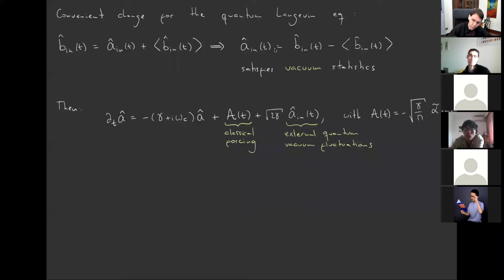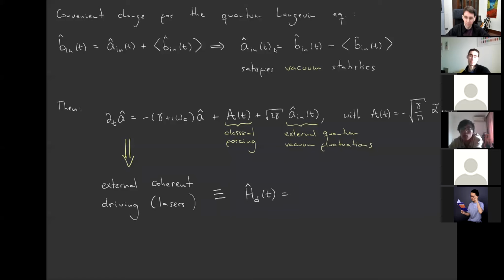So, in other words, and this is kind of the final point, in other words, if we add an external coherent or laser driving, so again, this is just lasers, this is completely equivalent to actually writing down a Hamiltonian that is time dependent, and we call it the driving Hamiltonian, that looks like this.